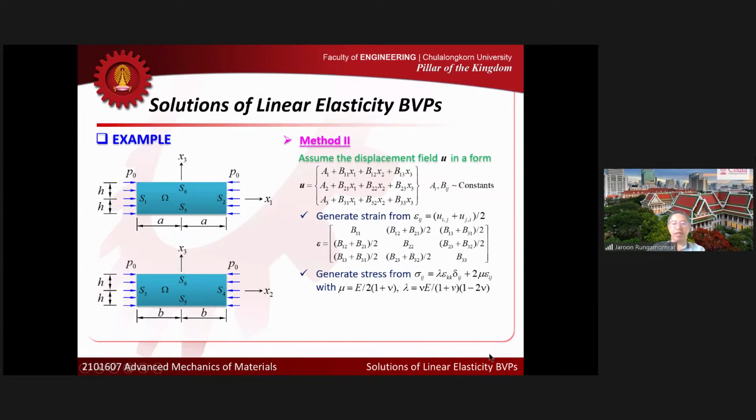I just plug it in, but in the problem that I solve here, the material constants are given in terms of E, the Young modulus, and the Poisson ratio, right? We know E and the Poisson ratio. So if we plan to use this stress-strain relationship, stress in terms of strain, in terms of the constants lambda and mu, we have to express lambda and mu in terms of the given constants E and Poisson ratio.